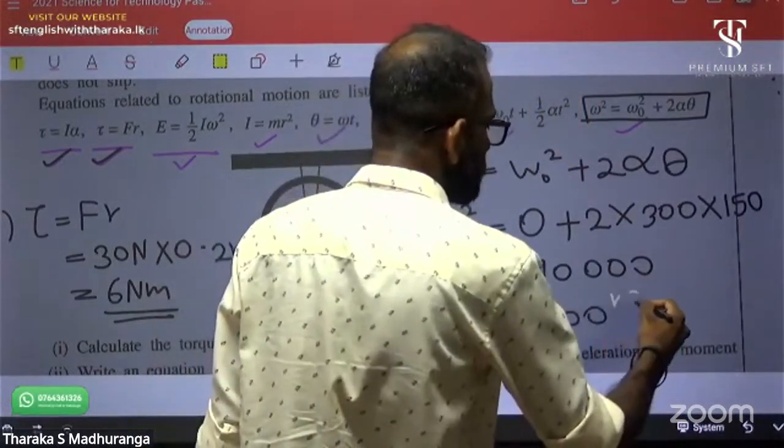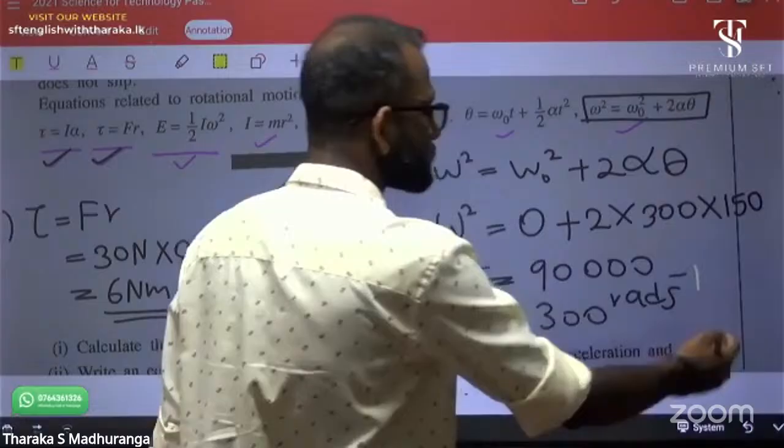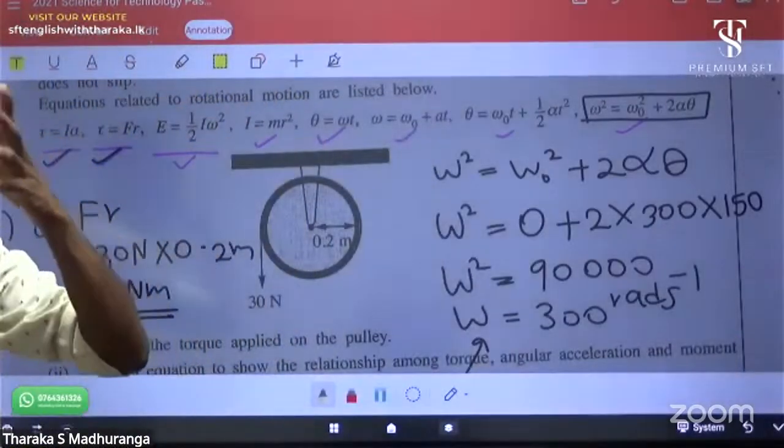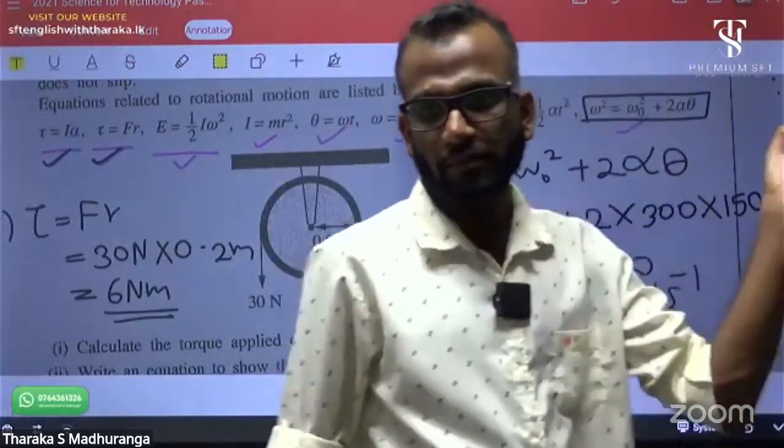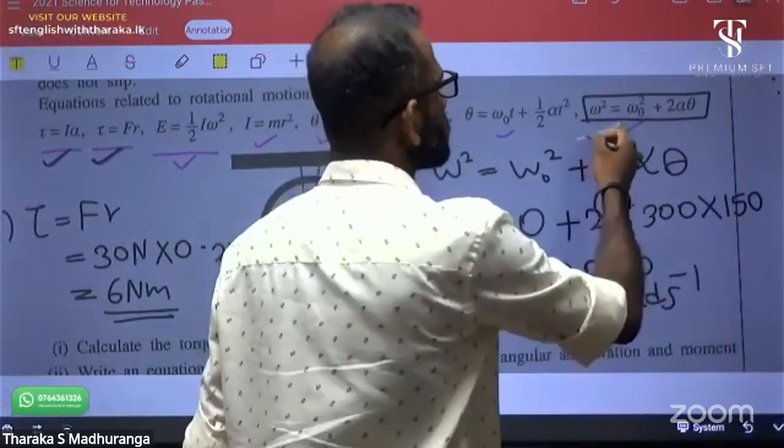Then omega equals 300 radians per second. I used the motion equation without time. I selected this equation because it doesn't have time.